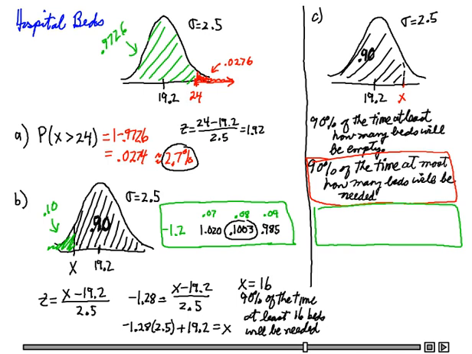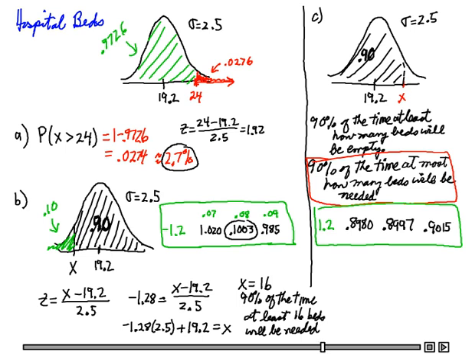For a 90%, let's see, I find that one in row 1.2, and then I notice in the values in that row I get a 0.8980, a 0.8997, and a 0.9015.